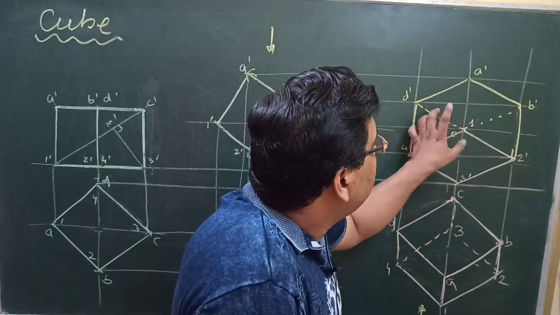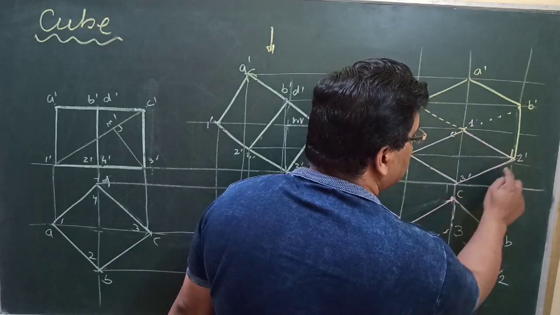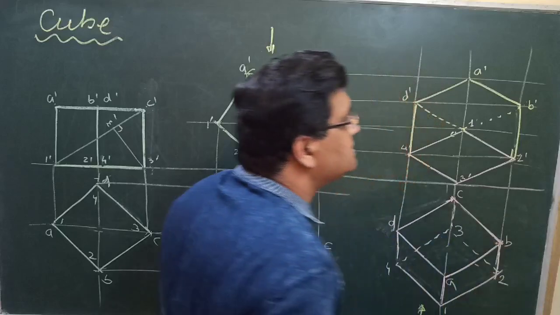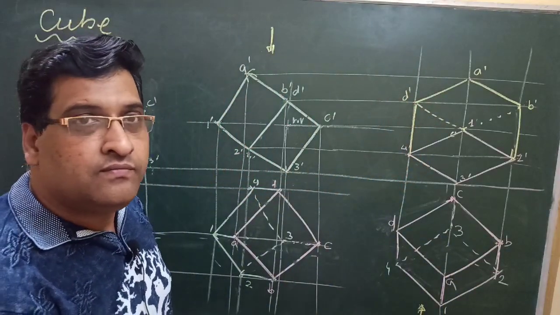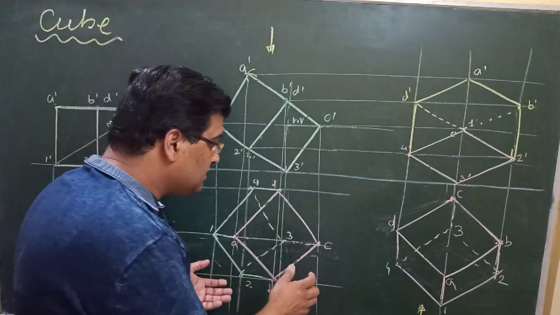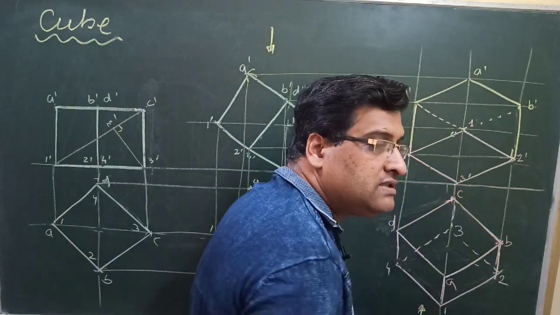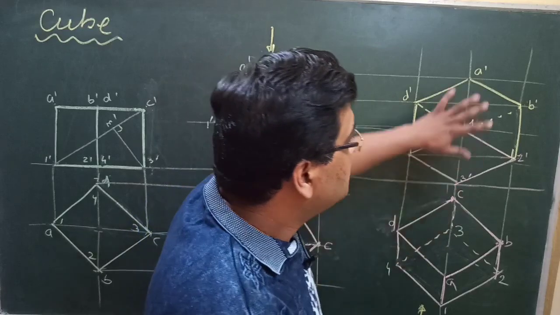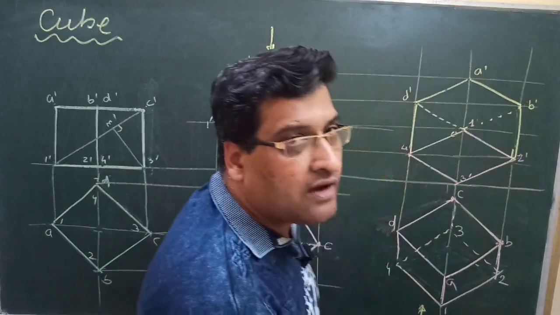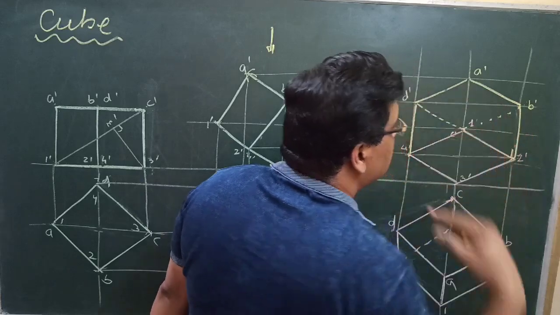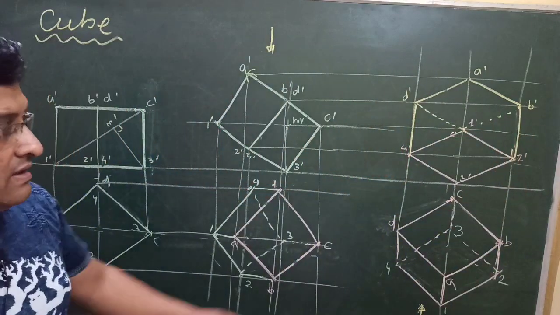So 1, 2, 3, 4 is continuous in the front view and half of ABCD is hidden in the front view. If I had turned this the other way, as C1 rather than 1C, then it would change. This would be continuous and this would be half hidden. In this manner, after joining this, you get this diagram as the front view and this is the final top view.